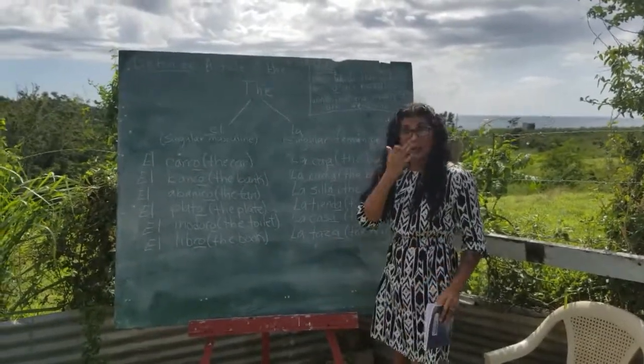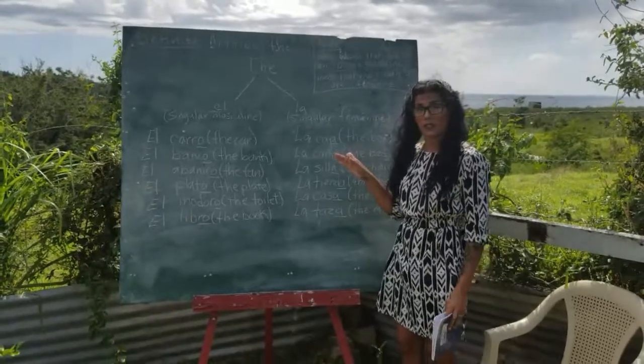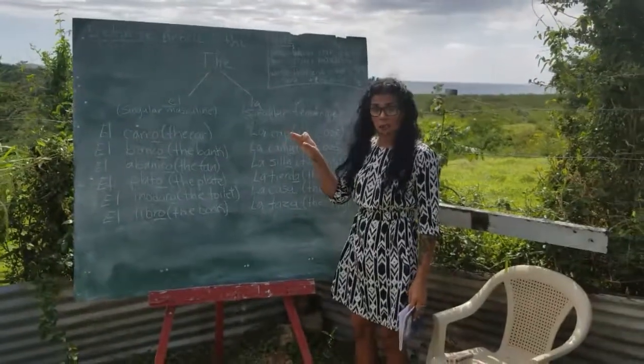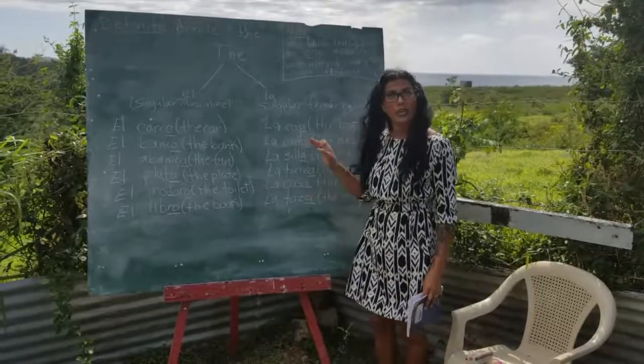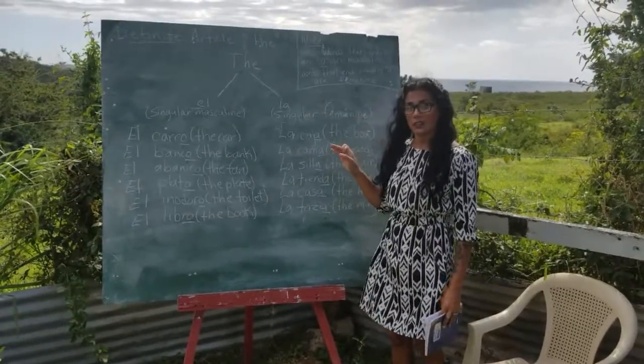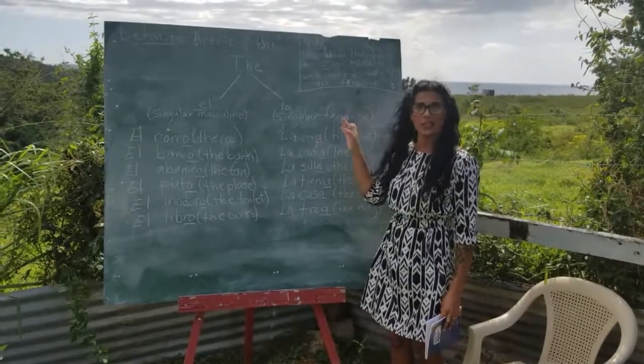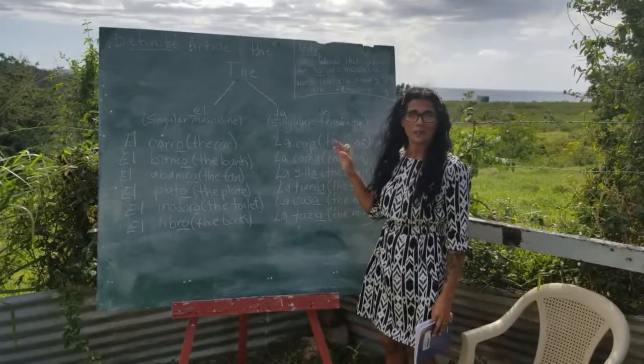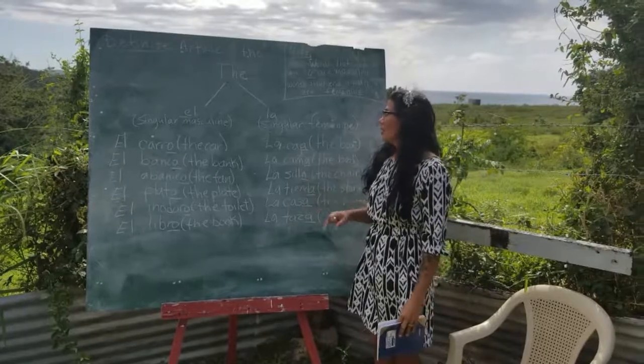So you know that there are always exceptions to this. There are other words that don't end in an O or an A, and we'll have to figure out how to classify those, but that will be later on in other studies, a little more advanced, I think.